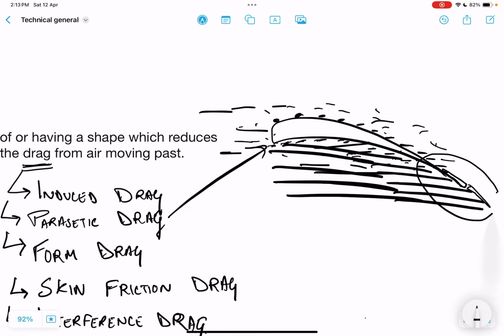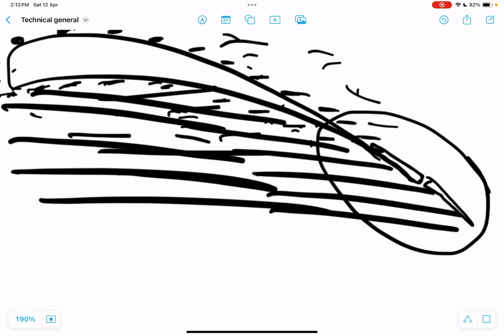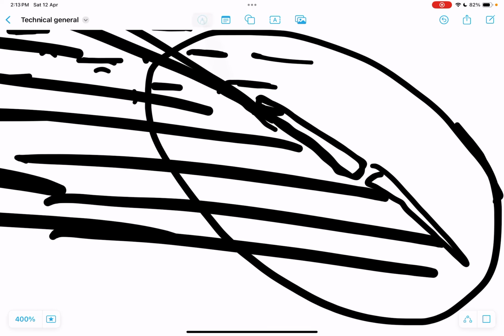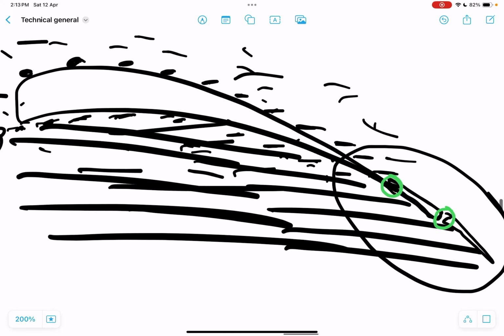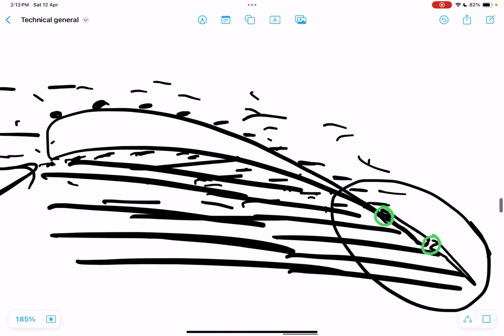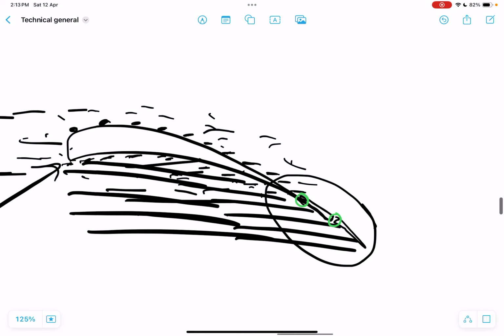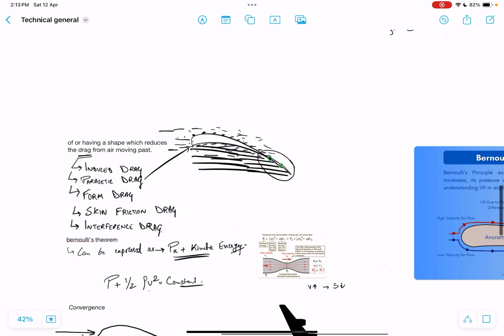So in this area, these joints are going to create interference drag. It's very basic. If you go through the basic definition given in the book, you'll understand it's not that big of a thing.